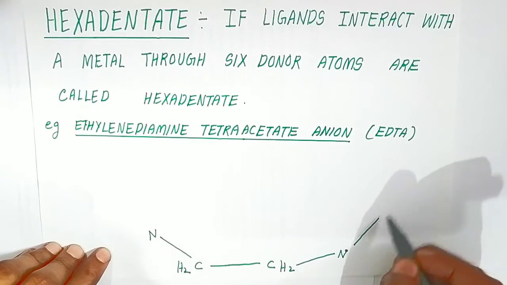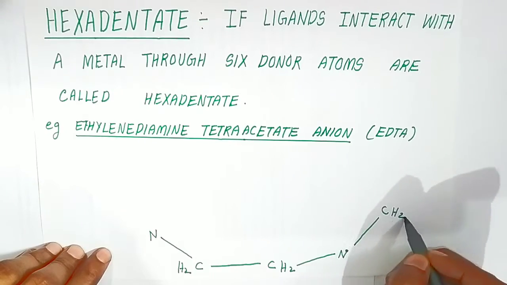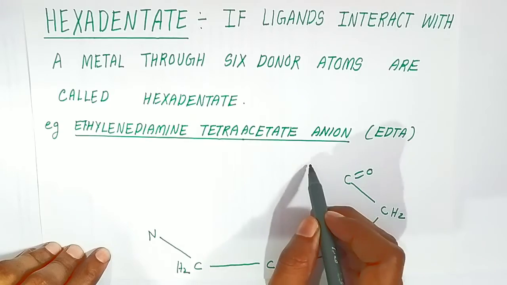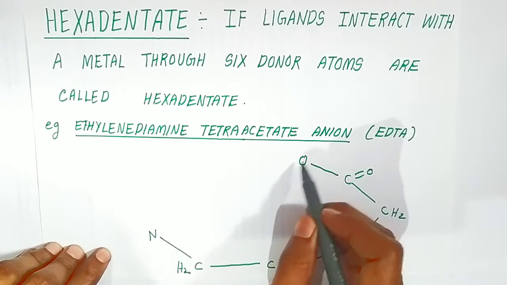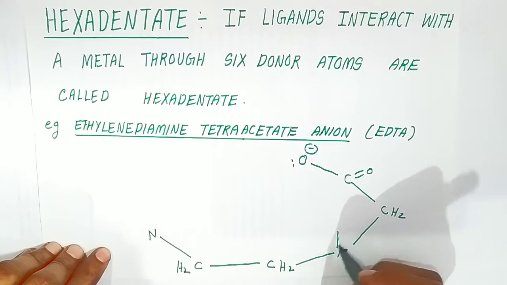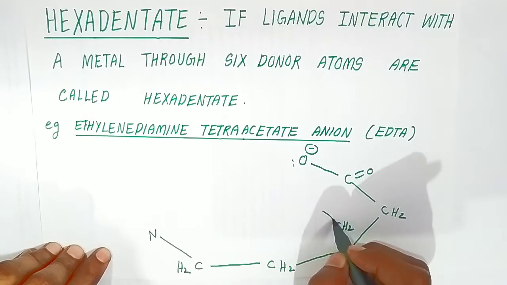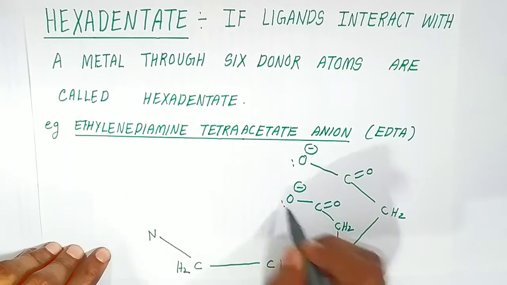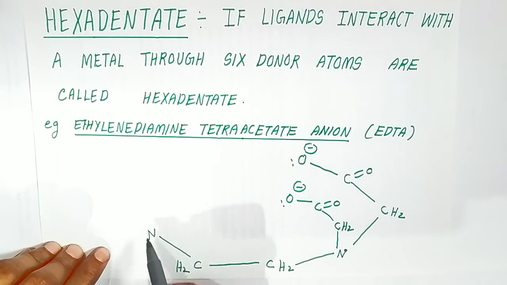The first acetate is CH2, CO, and oxygen will be like this, which has a lone pair and negative charge. Now second, again the second acetate molecule CH2, CO, which is connected to the oxygen, which has a lone pair.